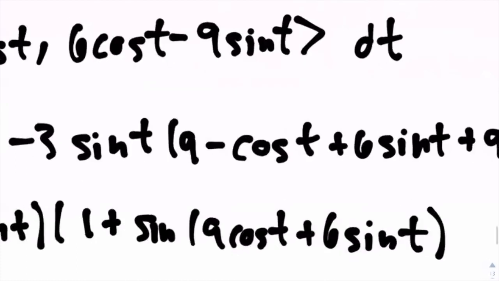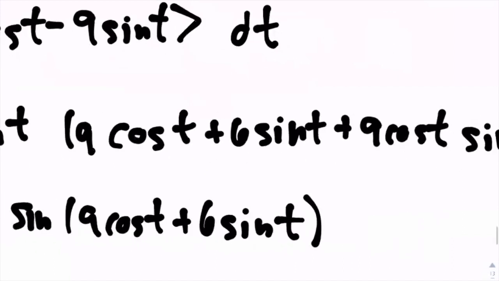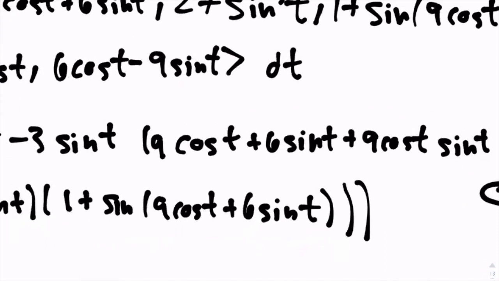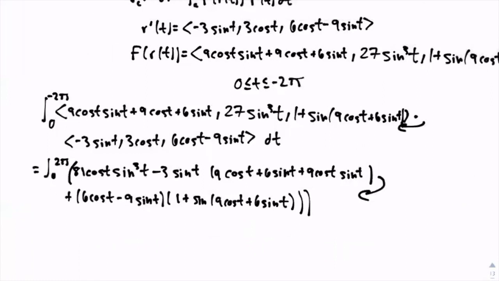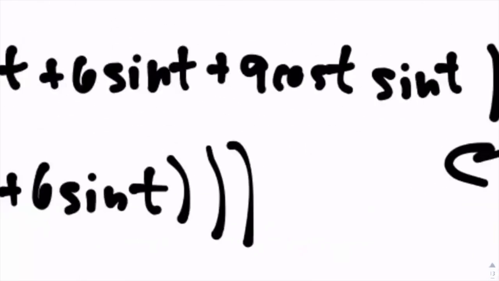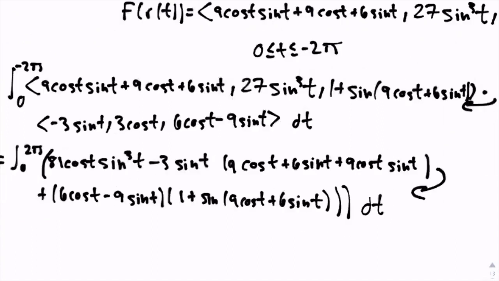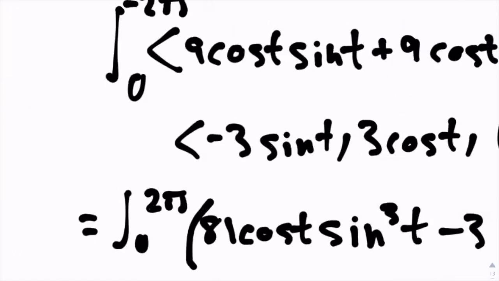In checking our dot product, we realized that we made a little bit of a mistake right here. We also forgot to close out our parentheses properly, which I believe should be 3 right there, and dt. And this should be minus 2 pi.